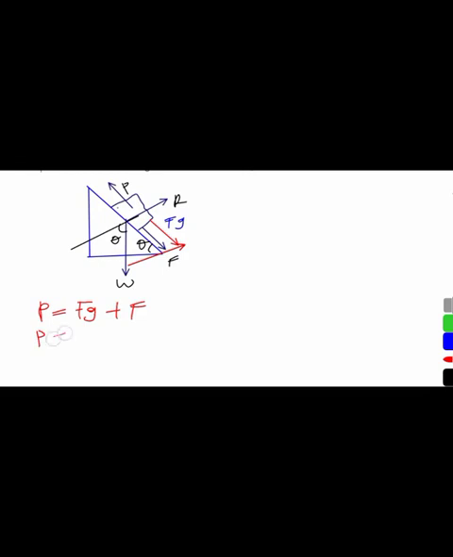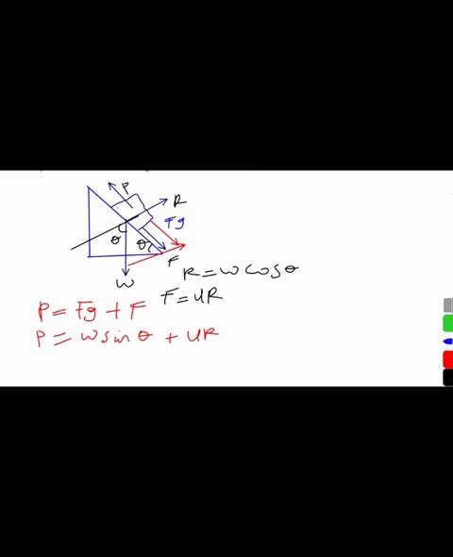So P is equal to W sin theta plus, we recall that our frictional force is equal to mu R. So we substitute it, mu R. Then we also know that our R is equal to W cos theta. If we resolve the W towards the R axis, it will be moving towards theta, which is W cos theta. That's why R is equal to W cos theta.